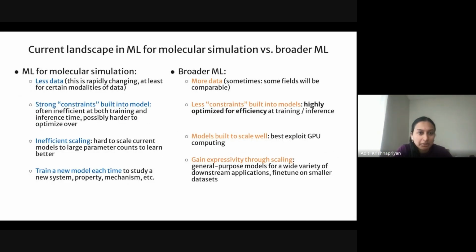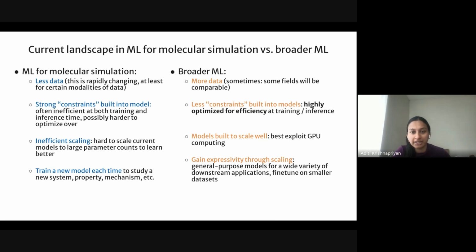So I just want to take a bit of time to contextualize what we're seeing going on more generally in the broader field of machine learning. This could be fields like NLP, computer vision, RL, many other fields that make up this broader ML scope, and what we're seeing right now with ML for molecular and materials simulation.